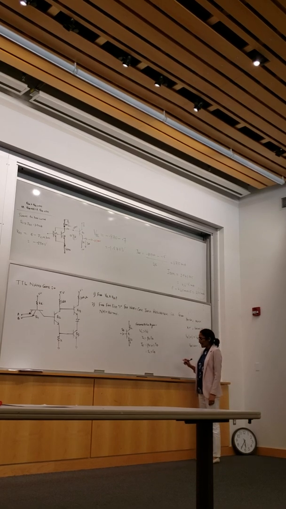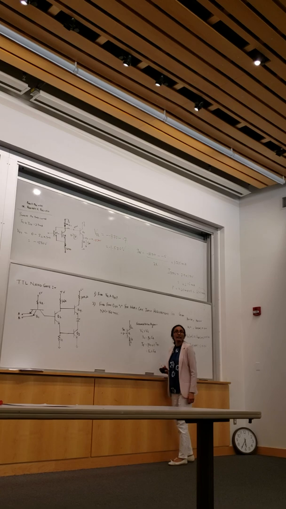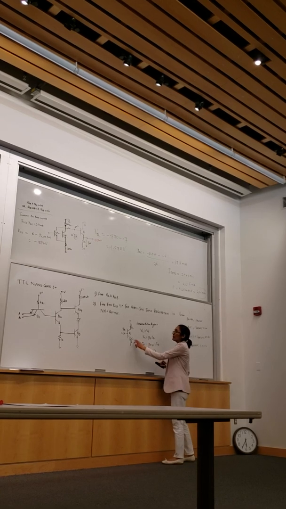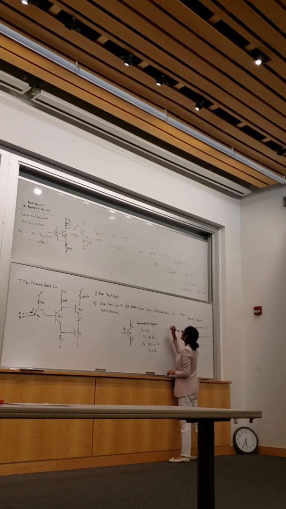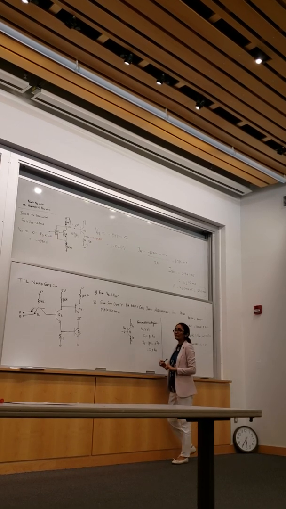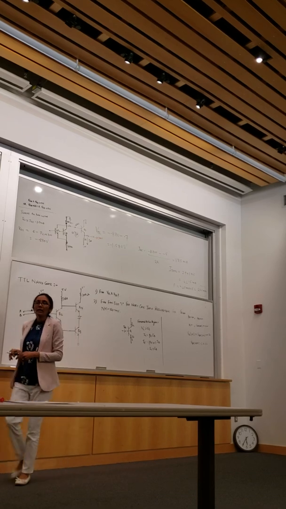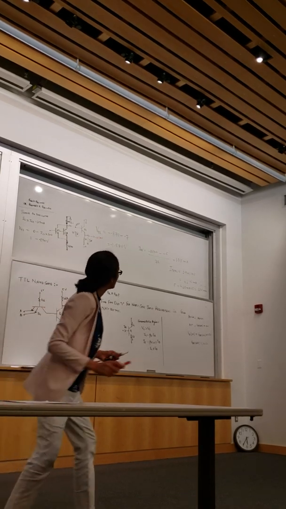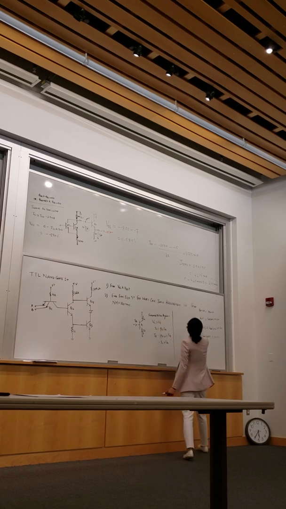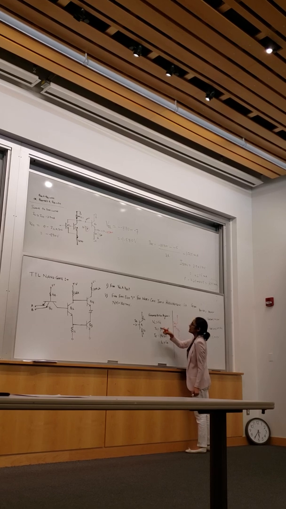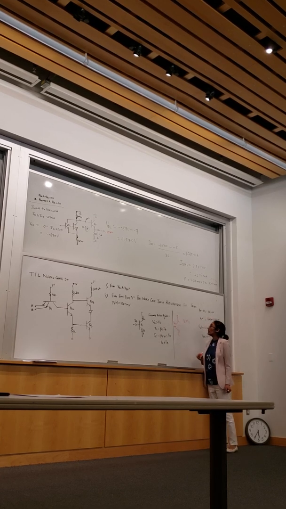Now, what if your emitter is at higher voltage as compared to the collector? So this is your normal forward active region. Now, if your emitter is at higher voltage than collector, I'm drawing the same transistor. So here VE is greater than VC. So I'm gonna flip the transistor and redraw this like this.